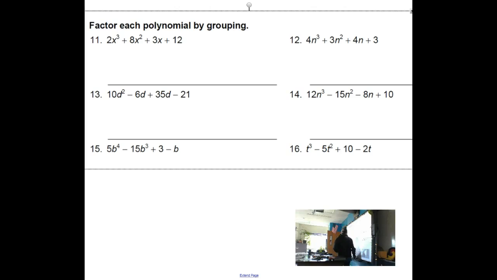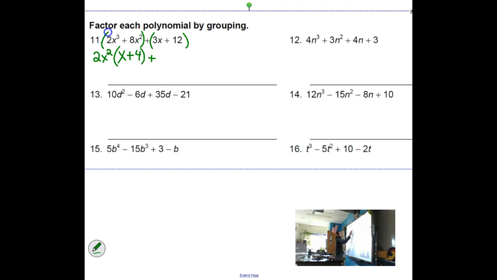So, number 11. First of all, I'm going to group these together like this. And now I'm going to say, all right, what does this first one have in common? Well, it has a 2x squared in common. So 2x squared, which means I'm left with x plus 4.